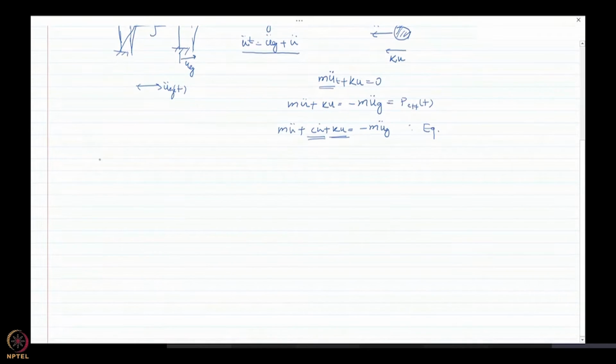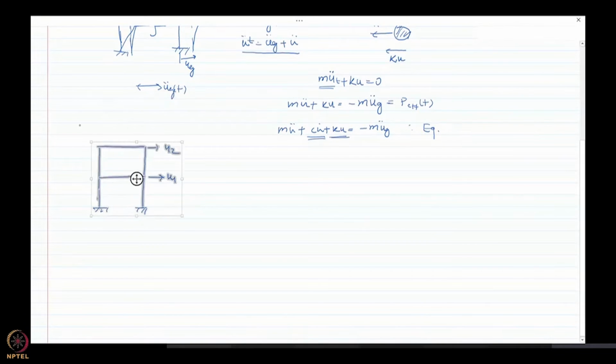So let us say I have a multi-story shear type building. The assumption in a shear type building is that the flexural deformations are small and the axial members are rigid. So overall, we can represent the degrees of freedom by deformation at each floor.